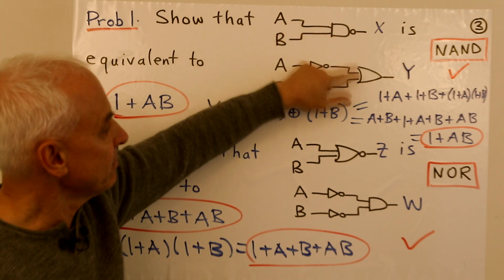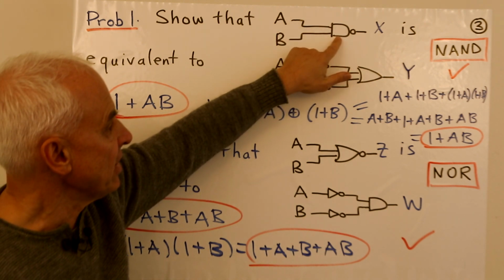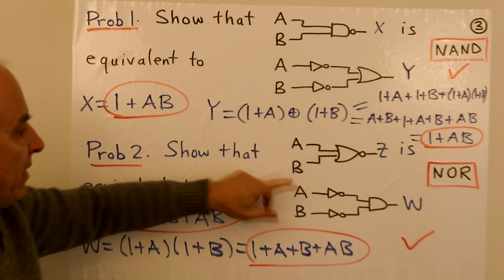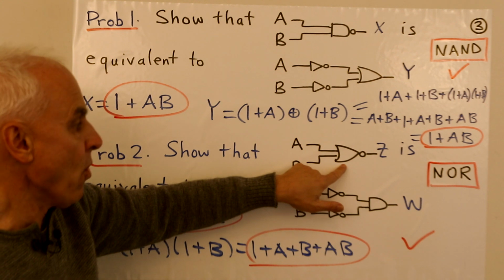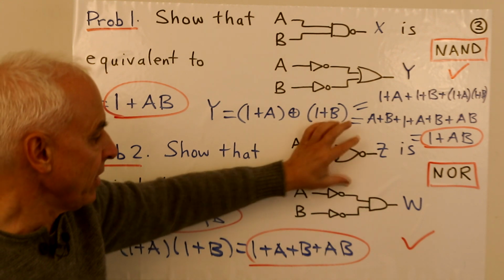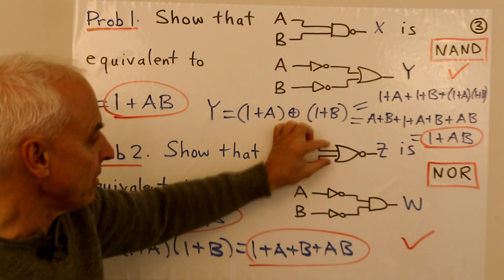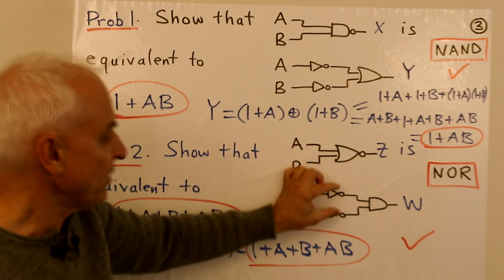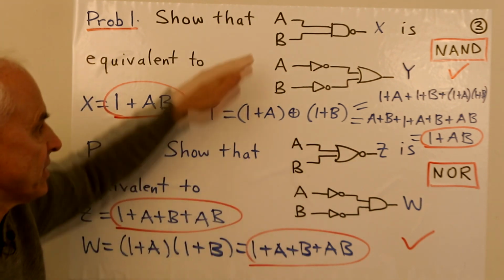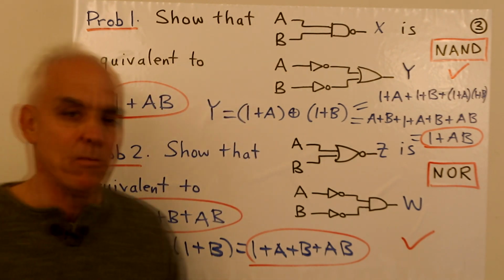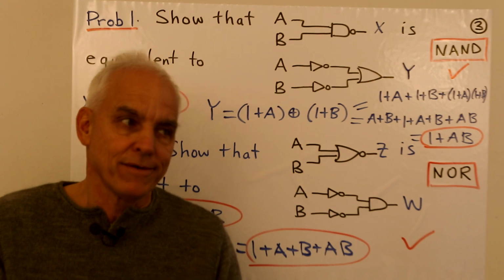And the effect is to change the AND to an OR. Here it's the same kind of thing. We have it starting with an OR and an inversion, and when we convert it, the OR changes to an AND, the NOT is moved to the other side, and there's two of them. So there's some kind of parallel between these two things, and they express a simple logic identity.